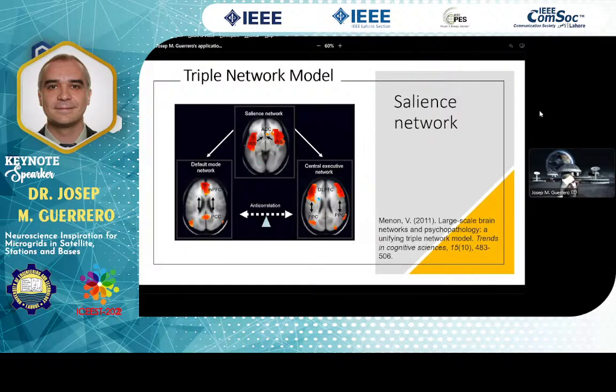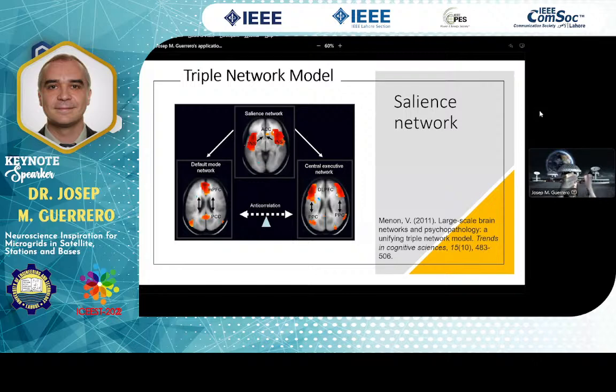And then we have the triple network model, which has been proposed by Professor Menon, and still today it's ongoing. What he realized is that you have the default mode network, but when you are trying to focus on some task, then the salience network balances it and connects the central executive network.